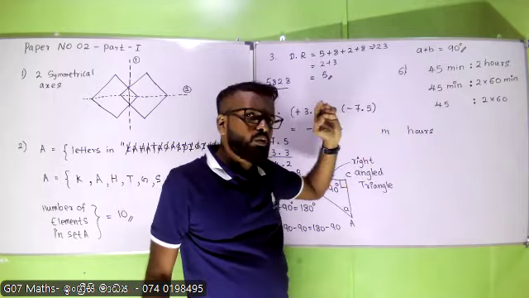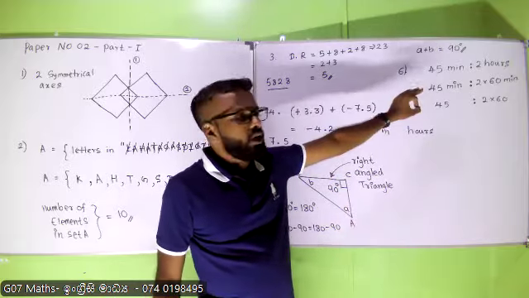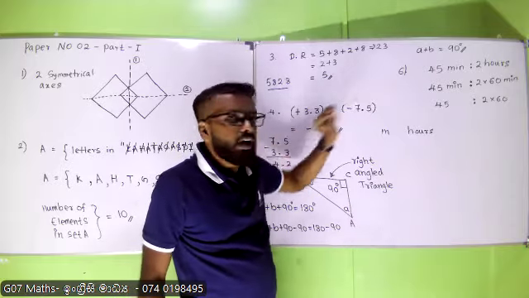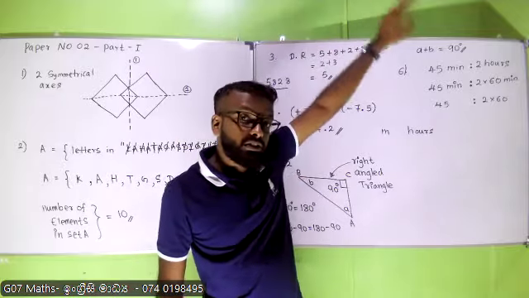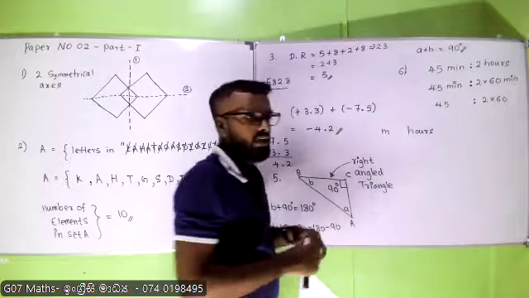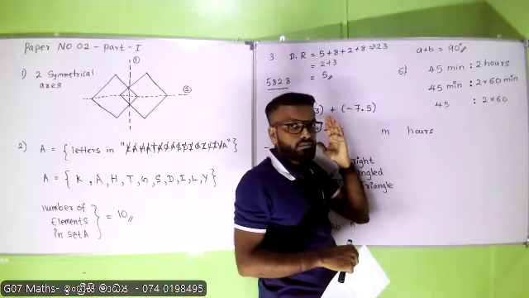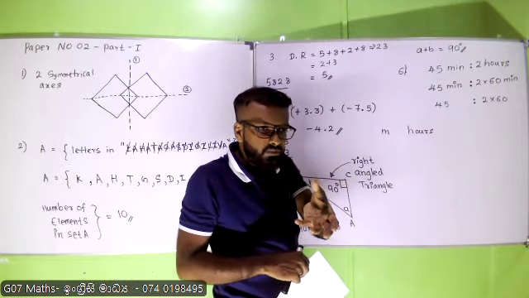When we are going to write down the simplest form, we have to divide both sides by the common term. Now here we have 45 on our left hand side, 2 into 60 on our right hand side. Now we are going to obtain the simplest form.